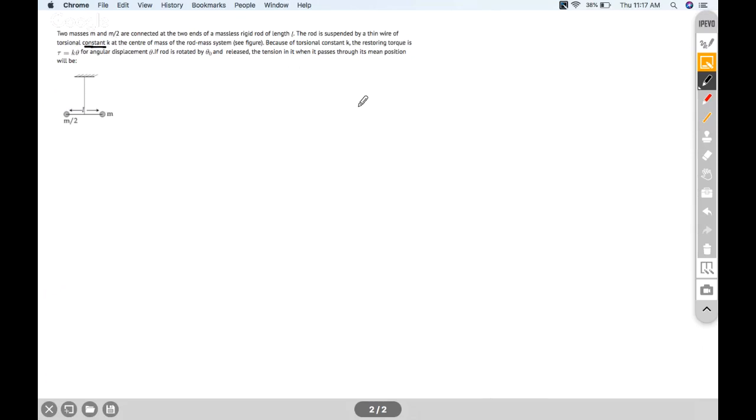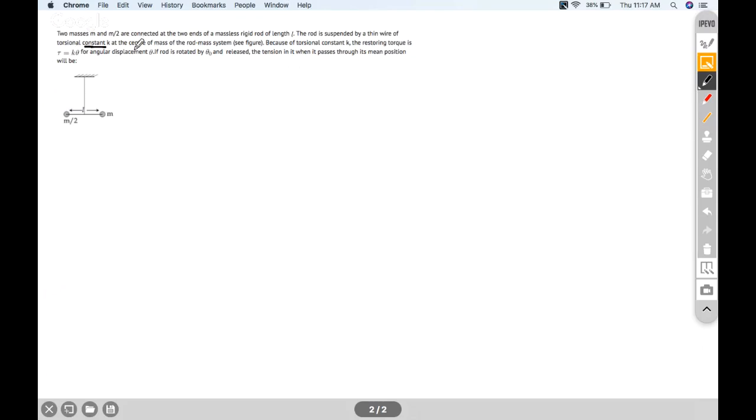A normal spring constant gives you a force of magnitude k into x if the spring gets extended or compressed by a length x. If a wire has a torsional constant k and it gets rotated by an angle theta, then a restoring torque is created whose magnitude is k into theta. If you have done a good number of questions from this chapter, you will be aware of what I have just spoken about.